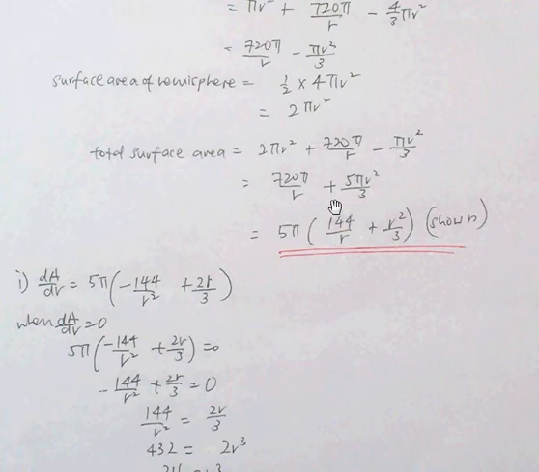When you differentiate 144 over r, it is equivalent to differentiating 144 times r to the power of minus 1. We bring down the power negative 1 and reduce the power by 1, and you get negative 144 over r squared plus 2r over 3. The 2r over 3 is obtained by bringing down the power 2 and reducing the power by 1.